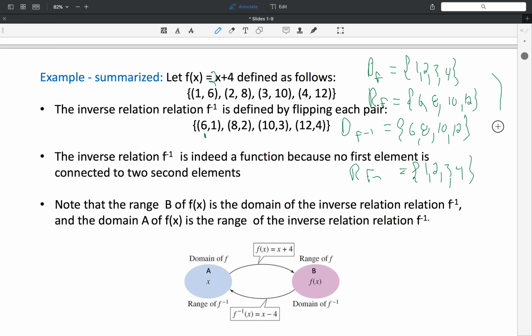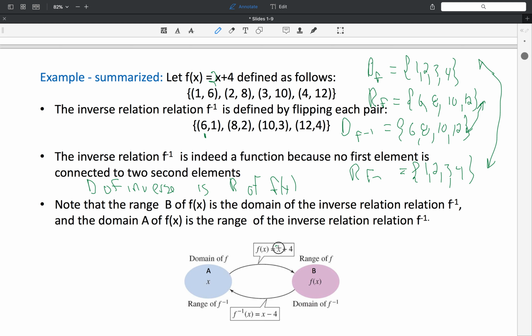Now notice that these are the same, and these are the same. So the domain of the inverse is the range of the function. And that's what this picture is trying to say. F takes x all the way over here.